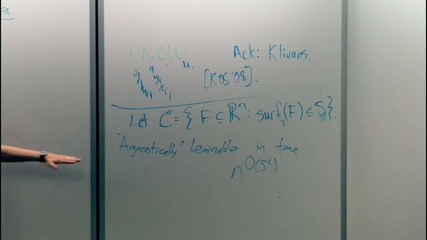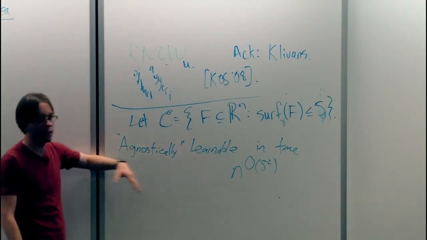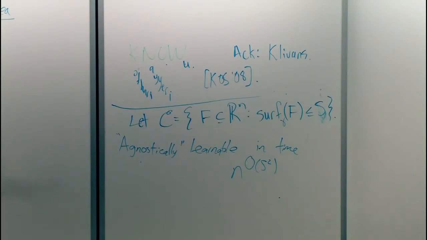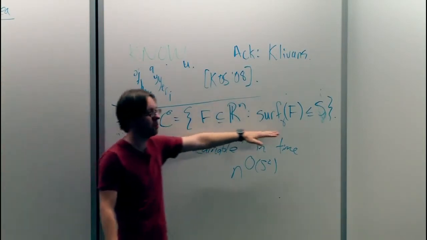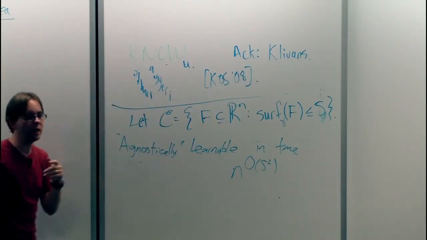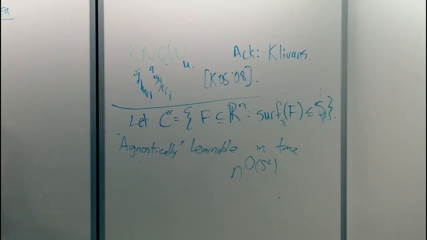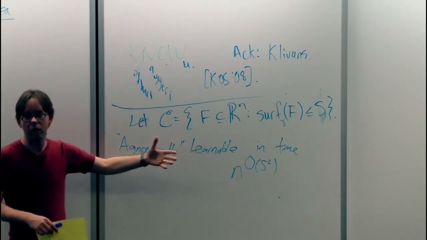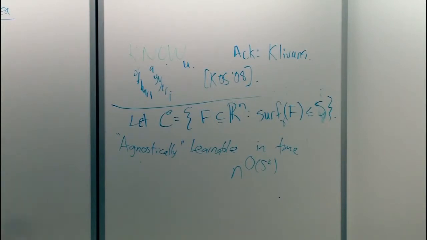And actually this agnostic aspect means that it works even in a very challenging error model where you don't have to assume that the unknown set has surface area at most S, even if it's only 90% close to such a set. If you take a set of surface area S and change it on 10% of Gaussian space, this algorithm will still find a good hypothesis that agrees with the set on 89% of Gaussian space.